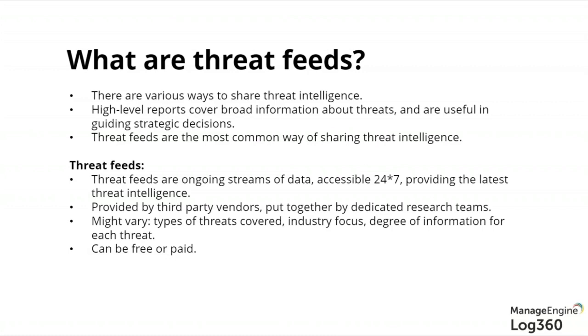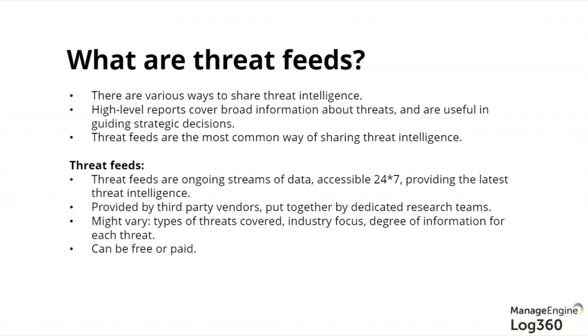So some threat feeds cover specific types of threats, and there are other vendors who provide specific industry focused threat feeds. So there are some who provide dedicated threat feeds for the healthcare industry, say, or the IT industry.